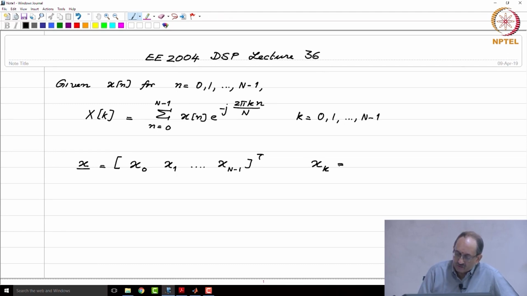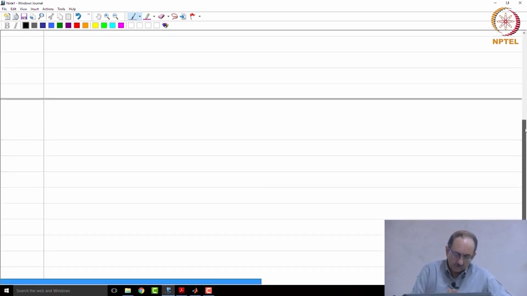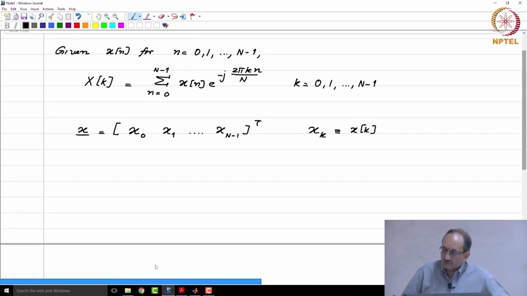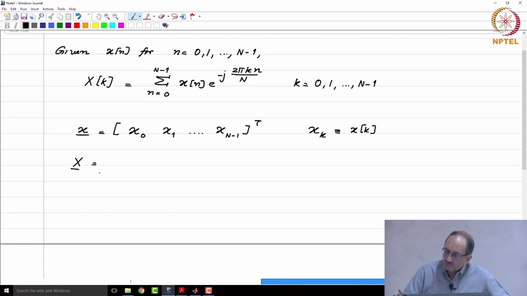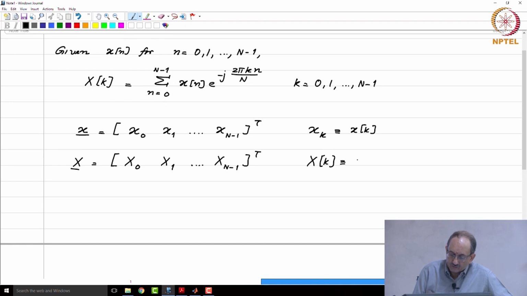So, x suffix k really stands for x of k. To use this notation is more convenient in this context. Now, let us express this in matrix vector notation. Similarly, boldface cap X is denoted as X0, X1 up to X N minus 1 transpose, and once again X of k is denoted as X suffix k.